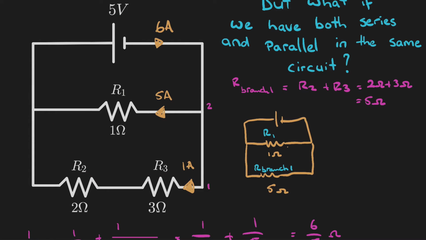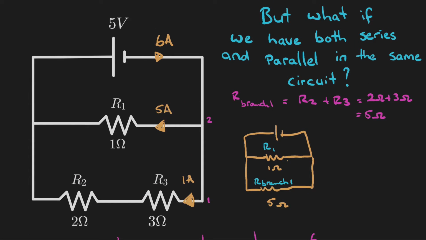By first simplifying or finding the equivalent resistance, we summed the bottom branch resistances together because they are in series, and we got 5 ohms. And then we were left with this circuit.